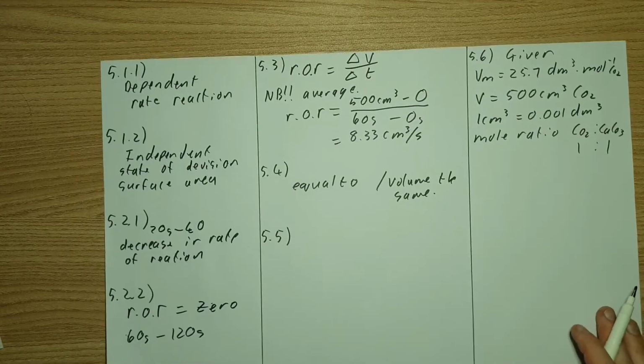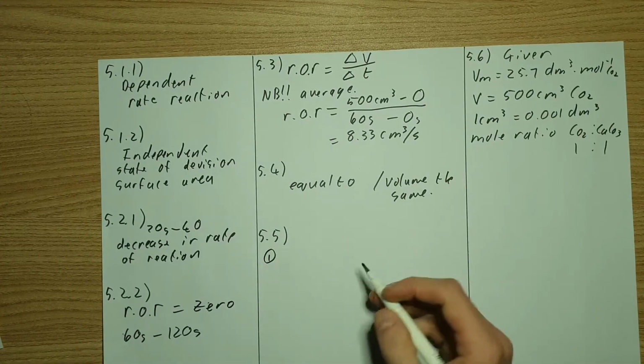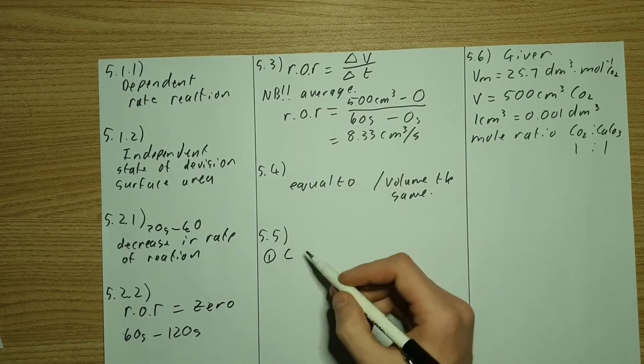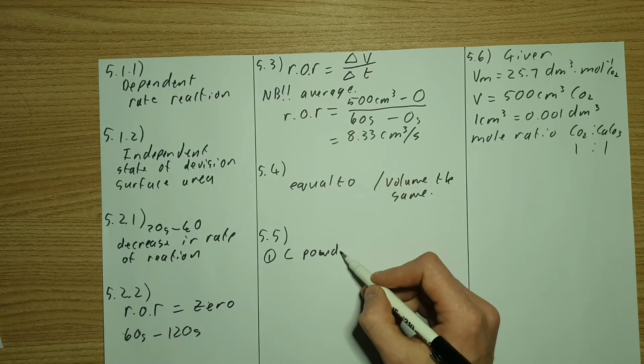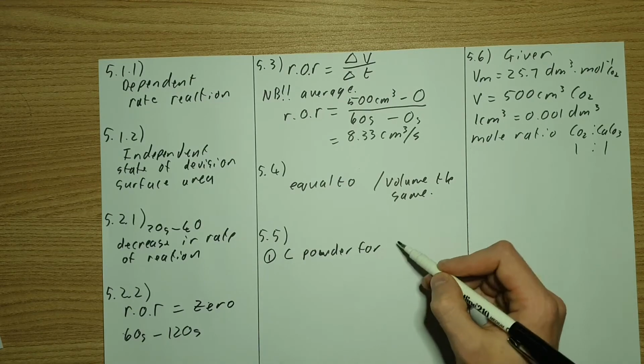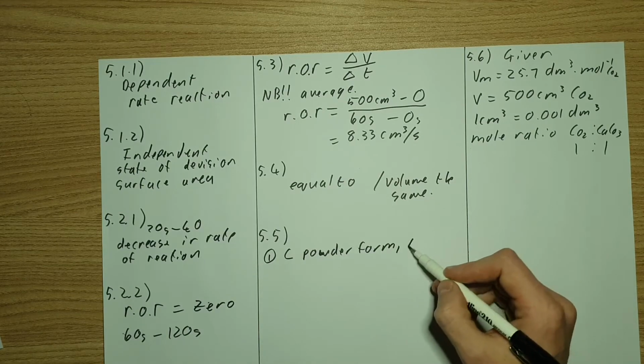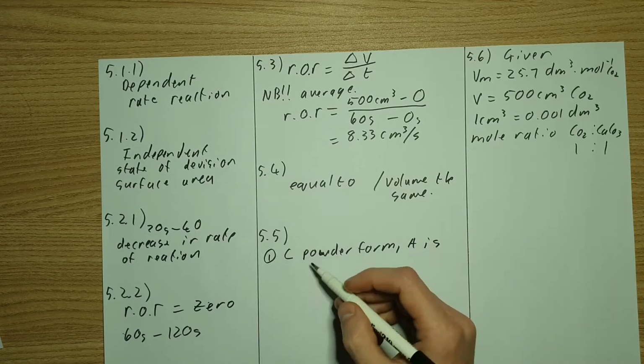The first thing we can state is that experiment C is in powder form, whereas A is granules.